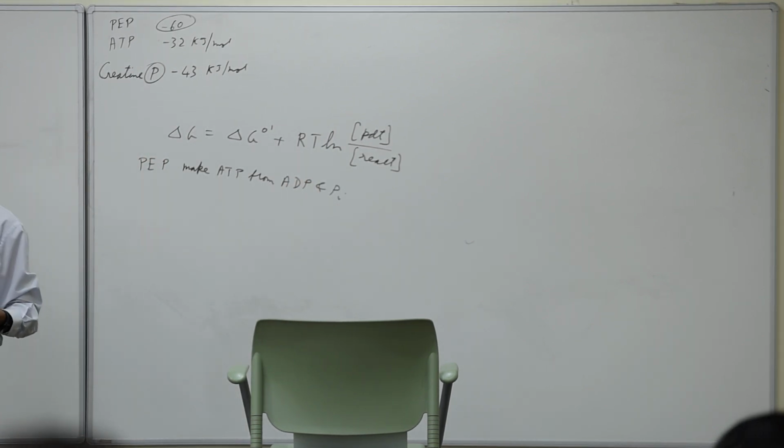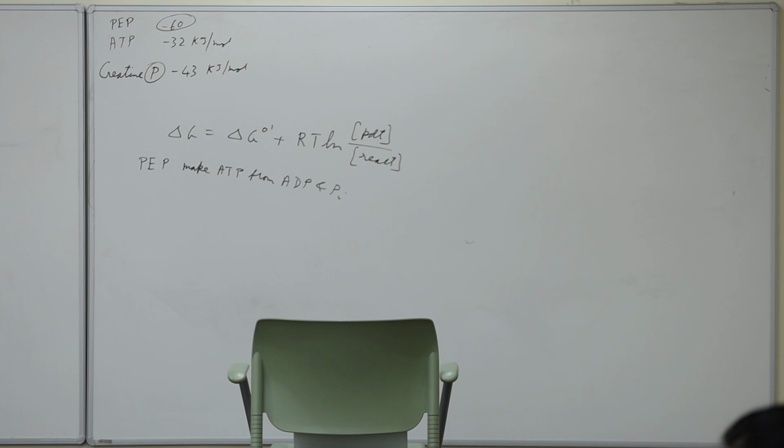So anything that is higher in the list will be used to make the one lower in the list. For example, ATP is minus 32 and then glucose phosphate is somewhere around maybe 15 or 20. So that's why ATP is used to put a phosphate on glucose, because glucose phosphate is a lower energy compound than ATP.